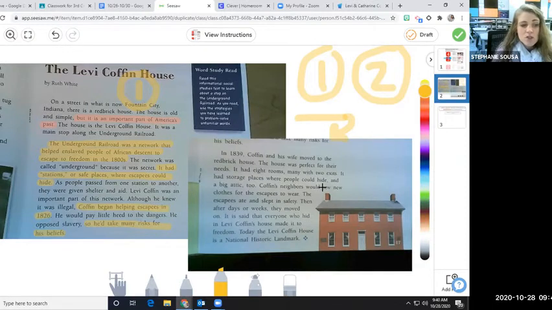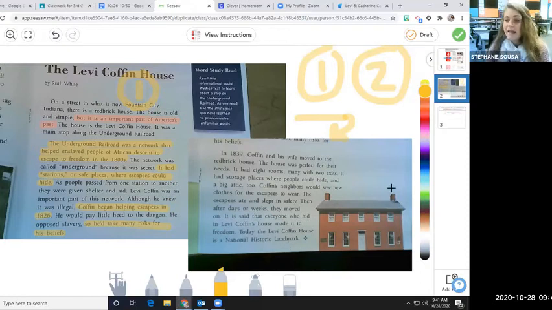Coffin's neighbors would sew new clothes for the escapees to wear. The escapees ate and slept in safety. Then, after days or weeks, they moved on. It is said that everyone who hid in the Levi Coffin's house made it to freedom. Today, the Levi Coffin House is a National Historic Landmark.